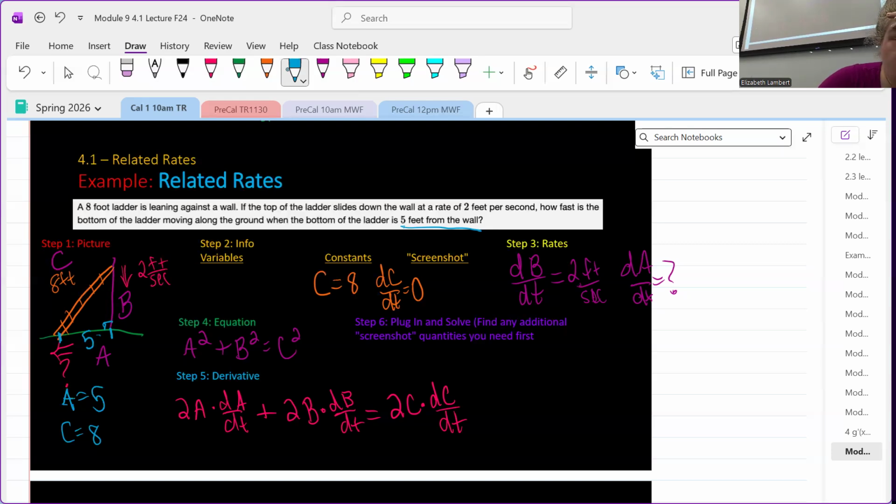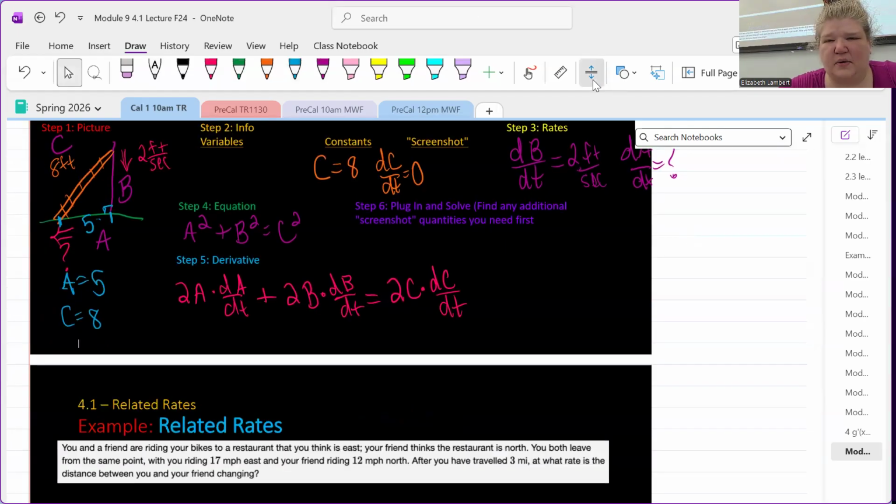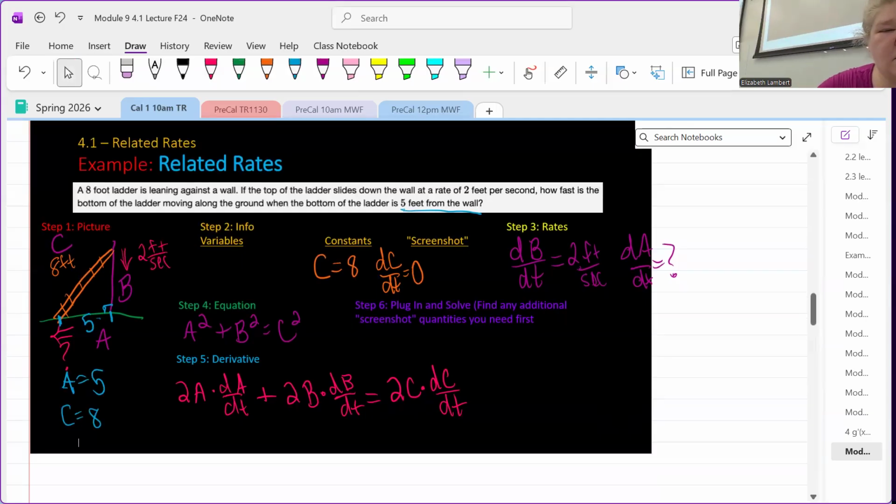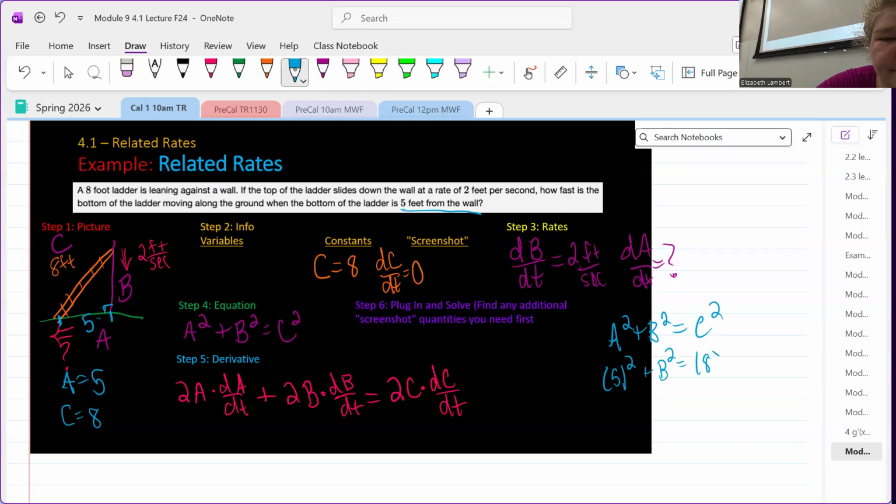So we're going to have to use the Pythagorean theorem to solve for B. So B squared is 39. So B is the square root of 39.